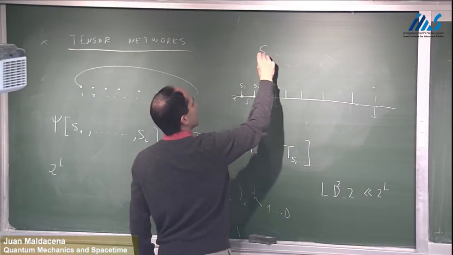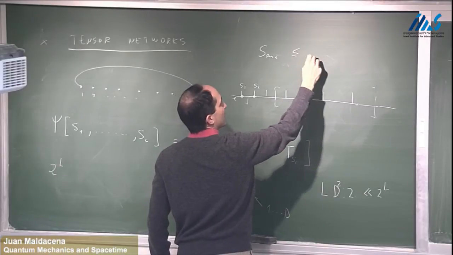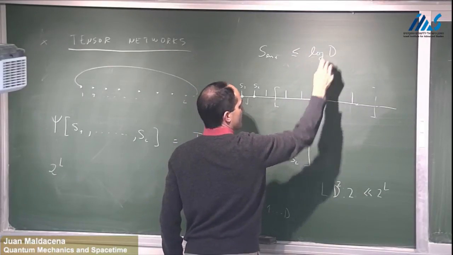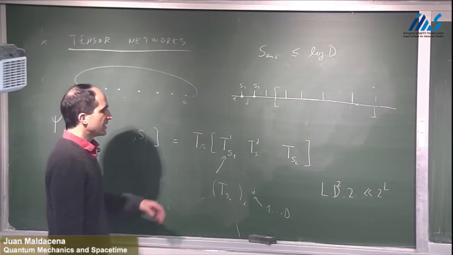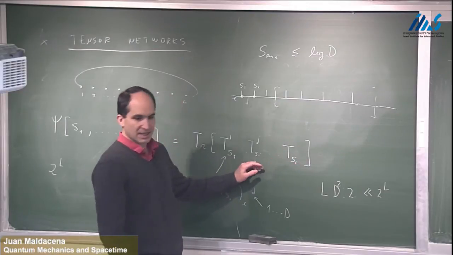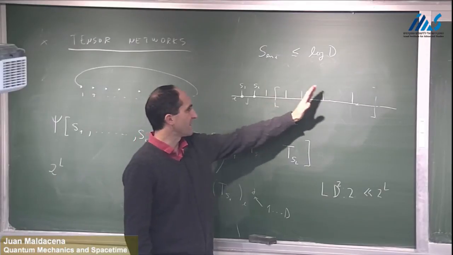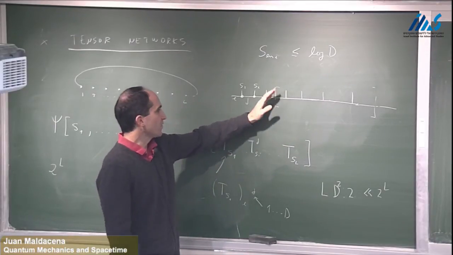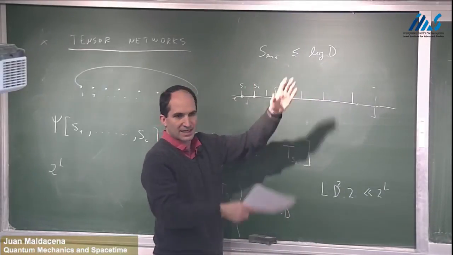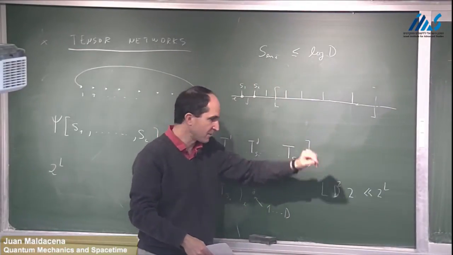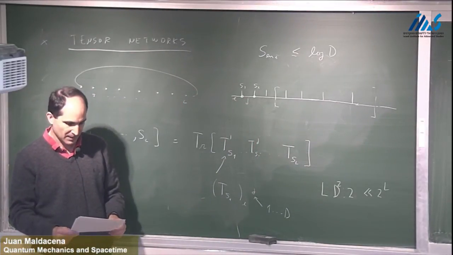So the entanglement entropy of dividing the system into two pieces will be less than or equal to the log of the number of indices we had, right? So then it's clear that the only kind of systems that can possibly have such a representation are systems where the entanglement entropy is finite, right? So when you divide the system into two pieces, we have a finite entanglement entropy, and then if we take D to be large enough so that D is bigger than the entanglement entropy, then this will give a reasonable characterization of the state. Okay?